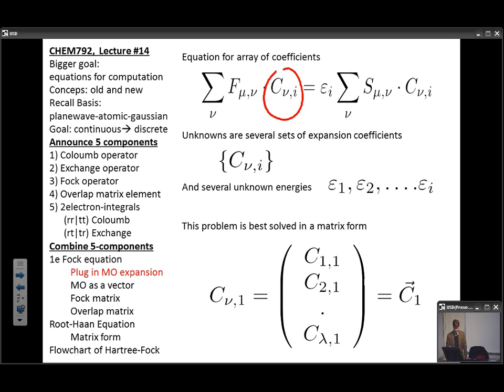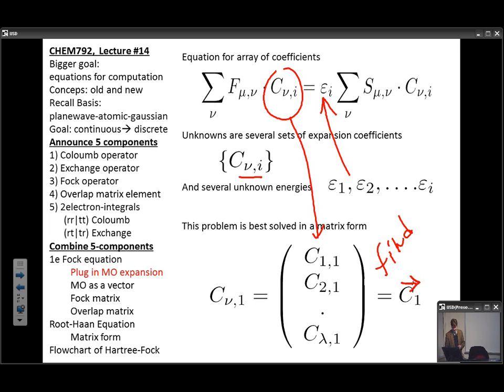So we do want to find those vectors. We do want to find these energies, and we are going to represent those unknown coefficients in the form of a vector. Just for convenience, we can arrange them one after another and say that our molecular orbital is represented as a vector of expansion coefficients. We are solving a problem to find this vector.